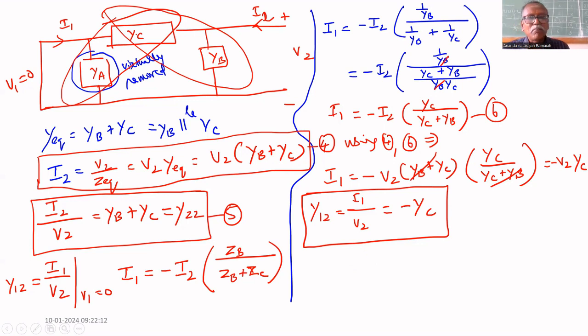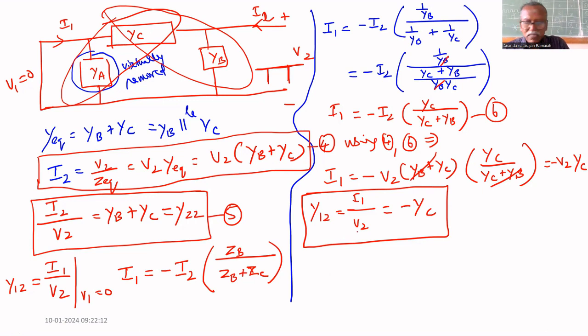So for a pi circuit, the sum of these two is Y11, the sum of the other two is Y22, and minus of the forward path admittance is Y12 and Y21.